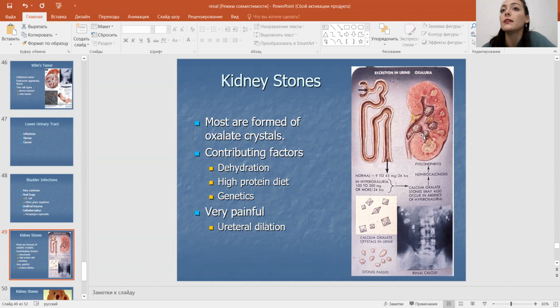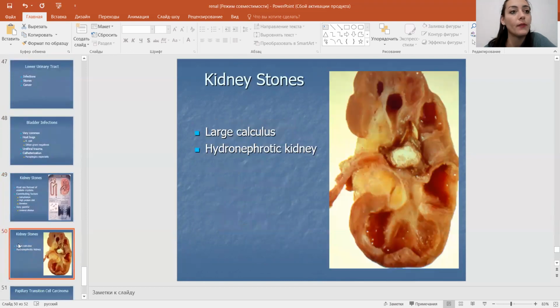Obstructive types of pyelonephritis, and it is very painful. And ureteral dilatation can be called.